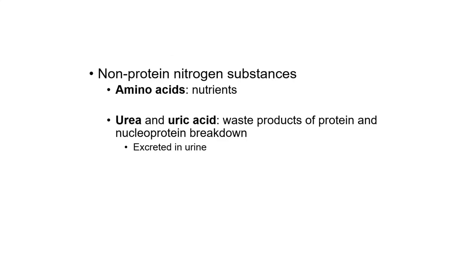There are also some non-protein nitrogen substances, such as amino acids, which are nutrients. You also have urea and uric acid, which are waste products of protein and nucleoprotein breakdown. And these things are then excreted in the urine.